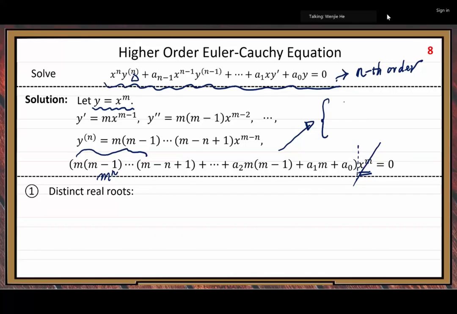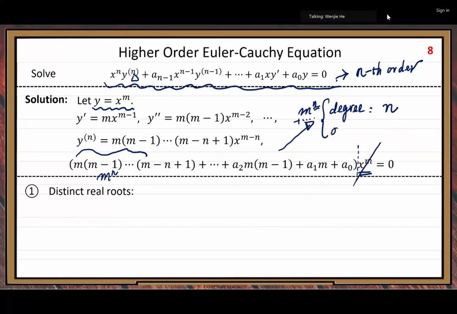So this one has the highest order term m to the n, plus lower order terms. If we use degree, then we say degree n, the number degree is n, the same as that.